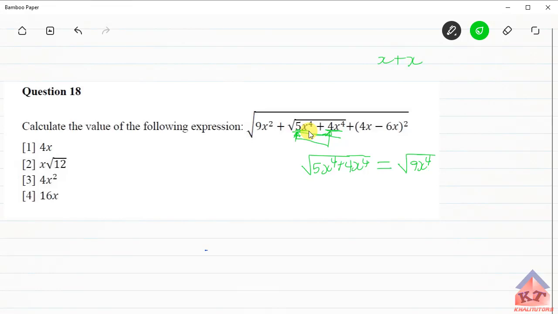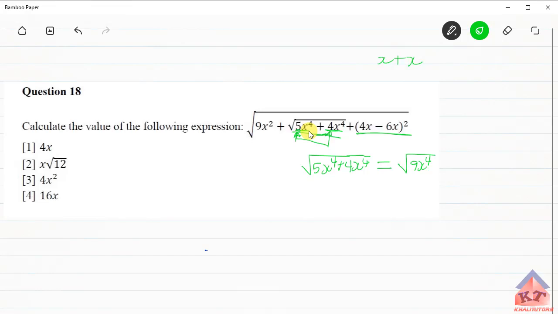And then you also have to look at this one here. There is something that you can do with this one. If you look at these two, these are basically like terms as well. These variables have the same power and it's the same variable, so you can simply get the difference in this case.